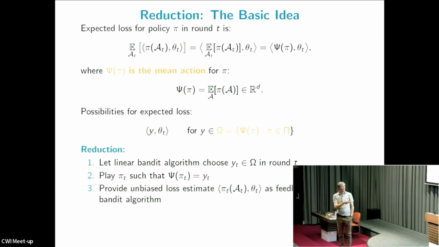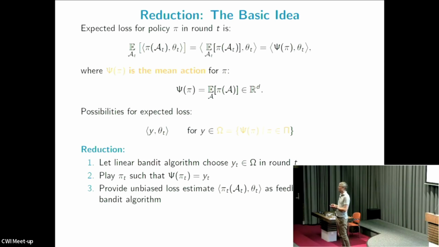And we're going to give as feedback to this linear bandit algorithm an unbiased estimate of its mean loss. So we just get a sample of a_t, π_t valued at a_t times θ_t. In expectation, that will have loss y_t times θ_t.